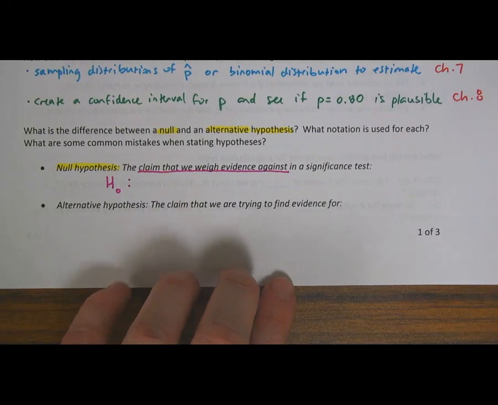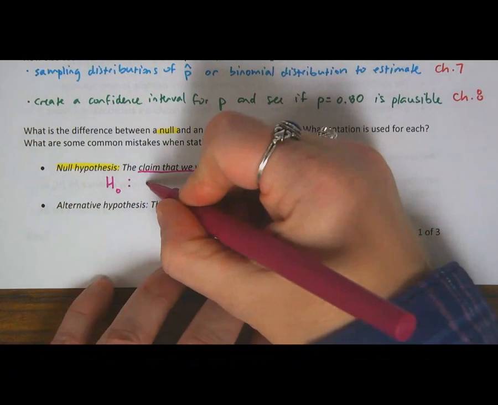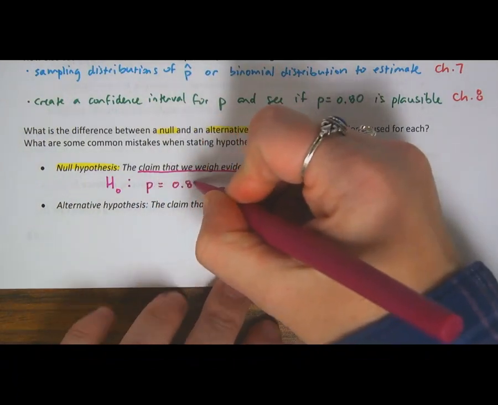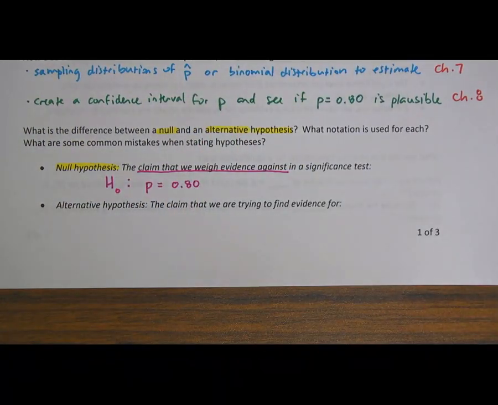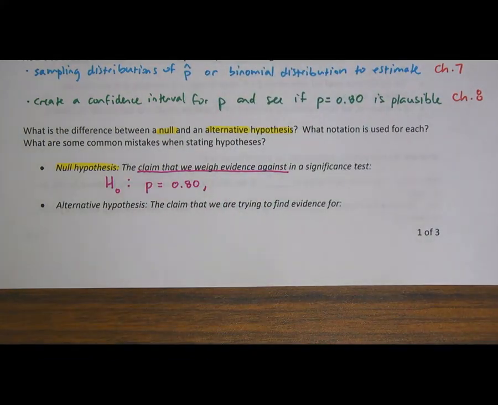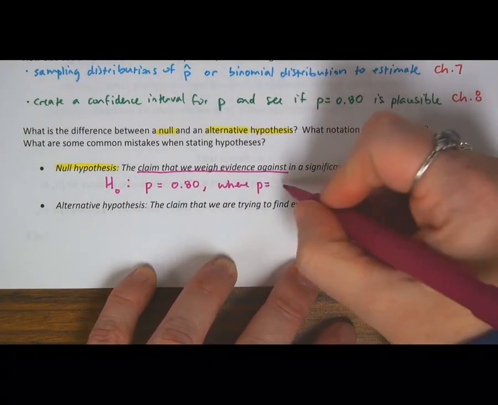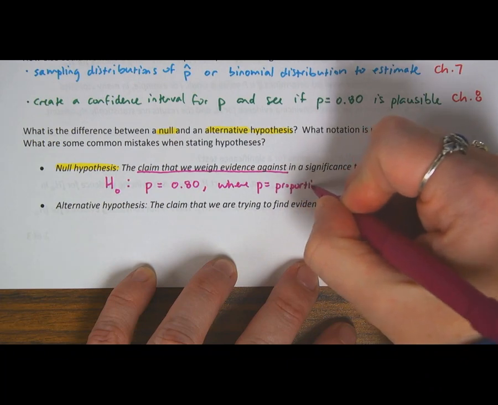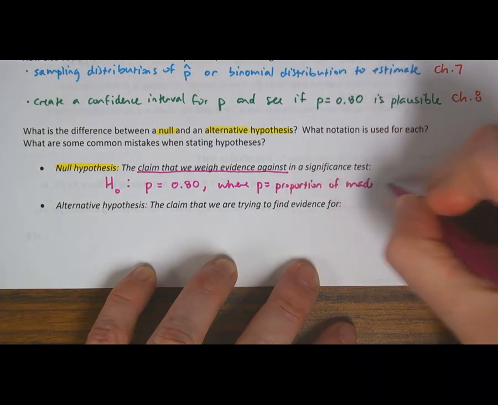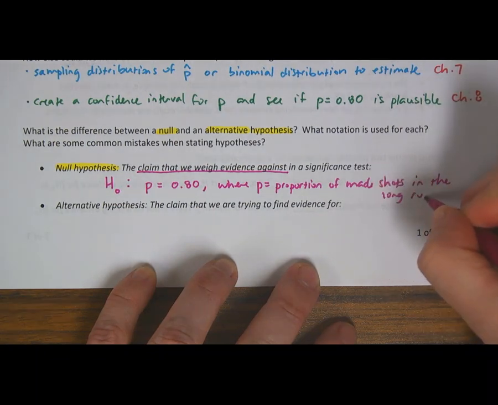So because I think Mr. Simmons is exaggerating, I'm going to try to weigh evidence against his claim that he's an 80% shooter. And then you just need to define the parameter, where P is the proportion of made shots in the long run. P equals proportion of made shots in the long run.